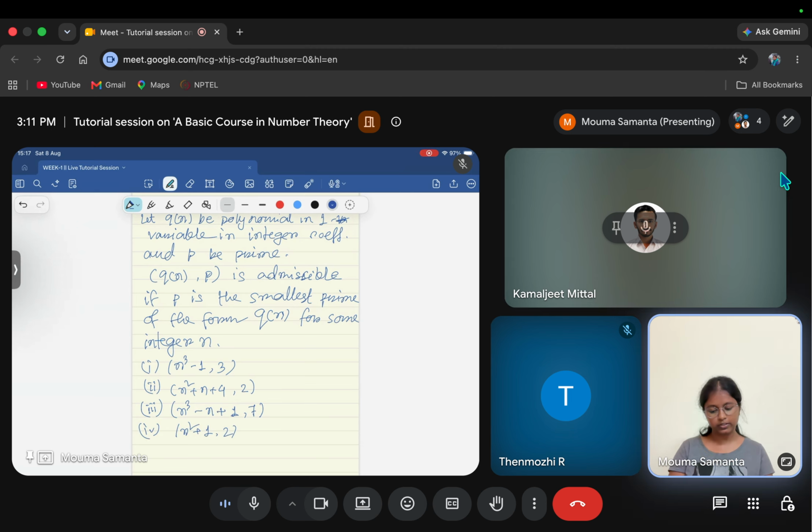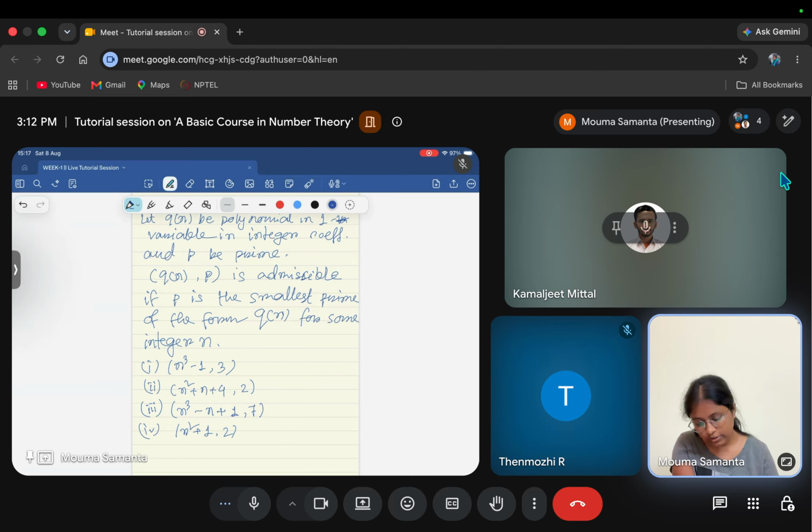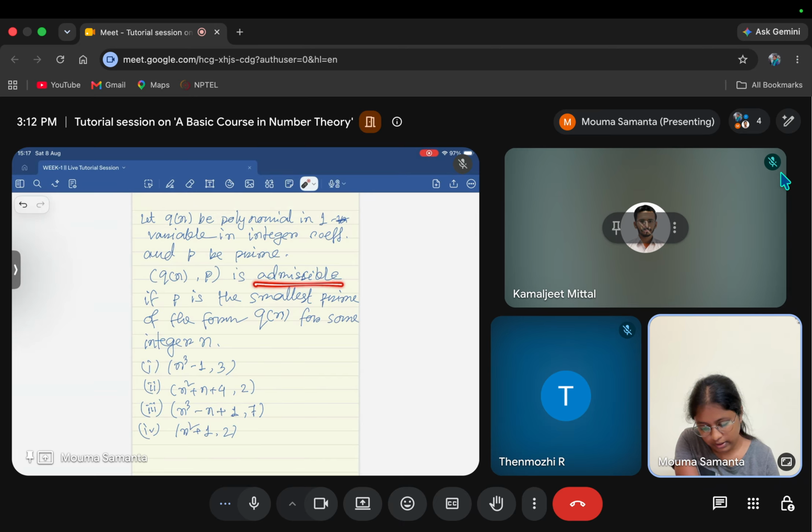Okay, so what is your doubt here? Ma'am, actually I have not understood the question here. Okay, so did you get the definition of admissible? It is saying, what is Q(n) here?